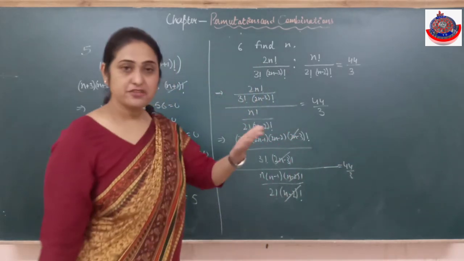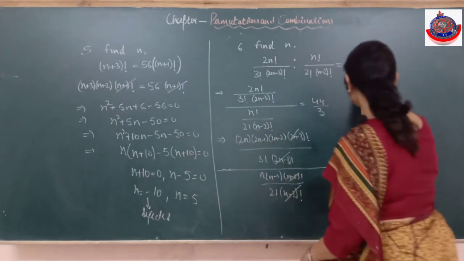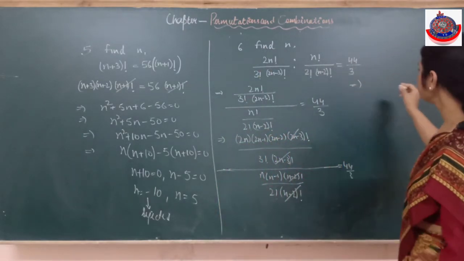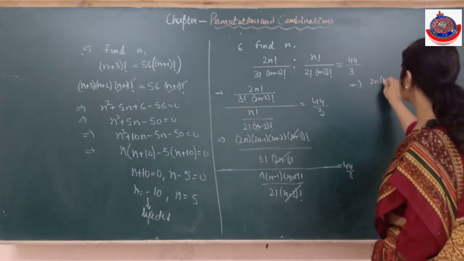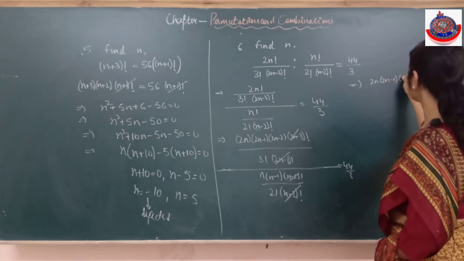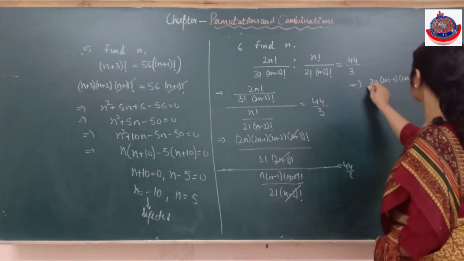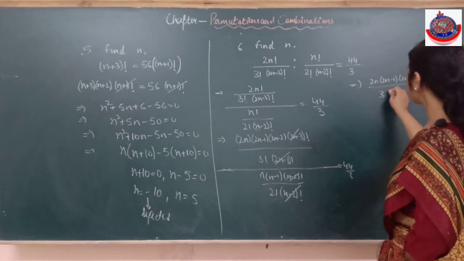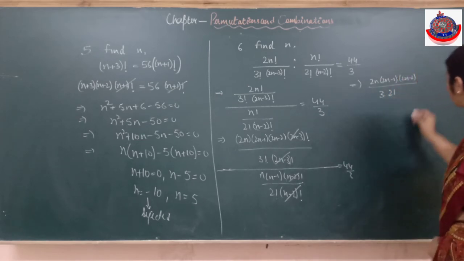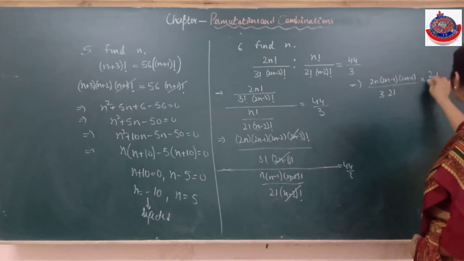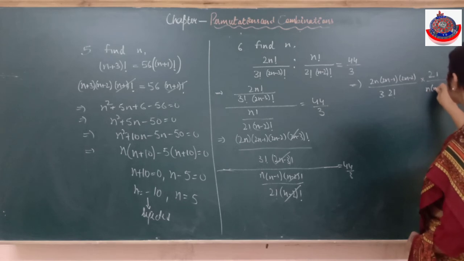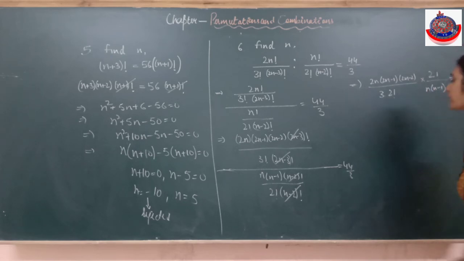So let's write this division into multiplication. It will be upon 3 factorial can be written as 3 into 2 factorial. 2 factorial will cancel. N into n minus 1. 44 by 3. Whatever cancellation is possible, cancel. With n, this n will cancel.